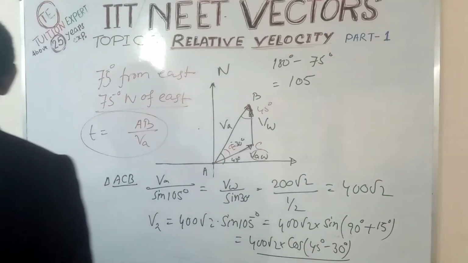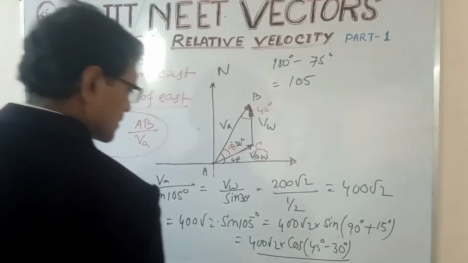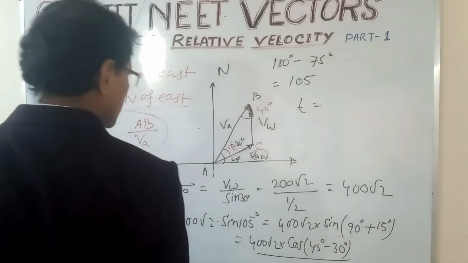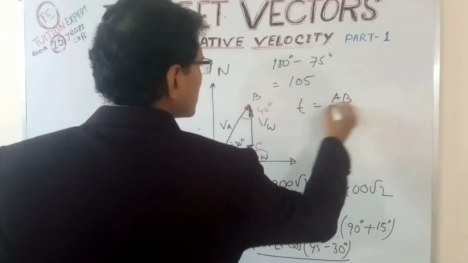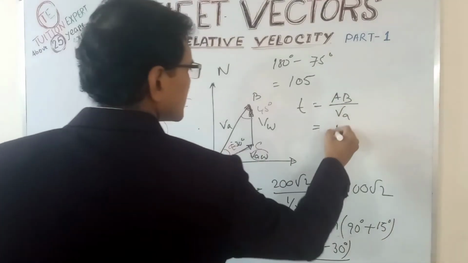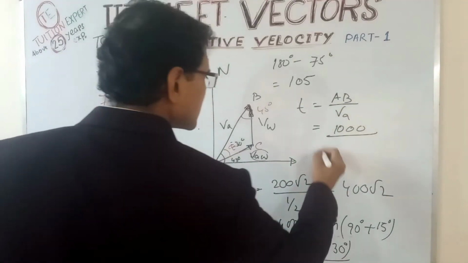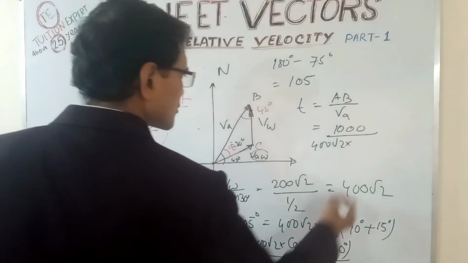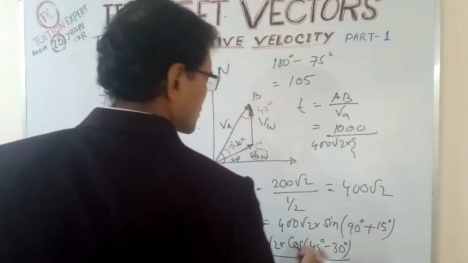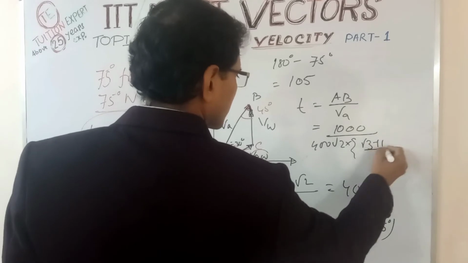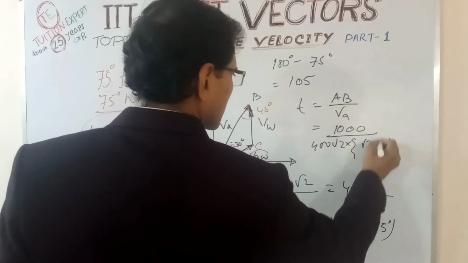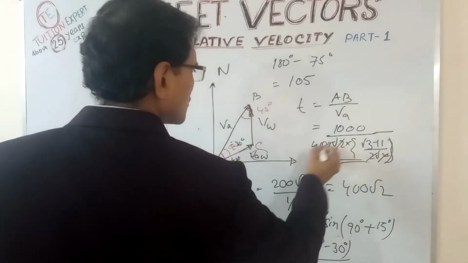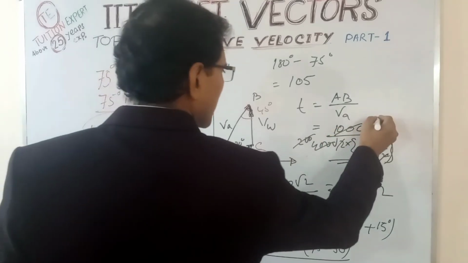Now what is the time taken? Time taken T equal to distance by velocity, distance AB by velocity VA, which is VA equal to this. So this will be actually, so this root 2 cancels, 2 200, 200, this is actually 5.